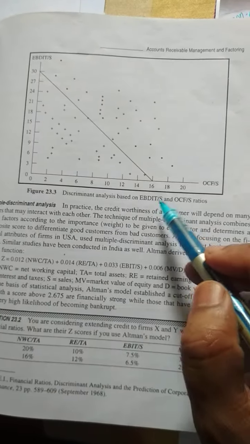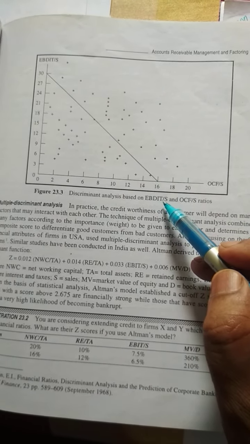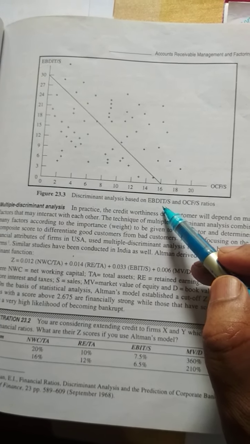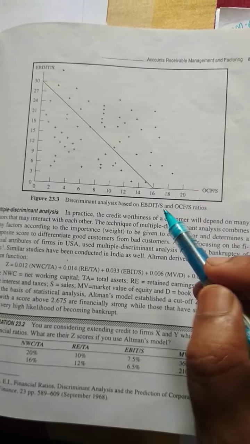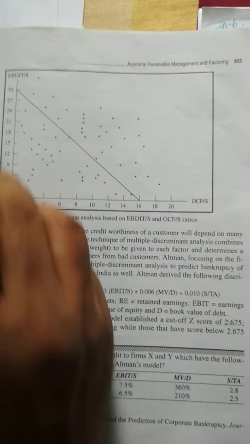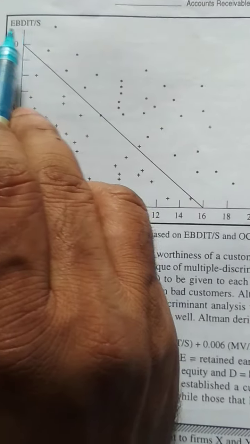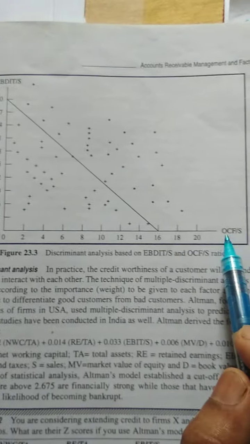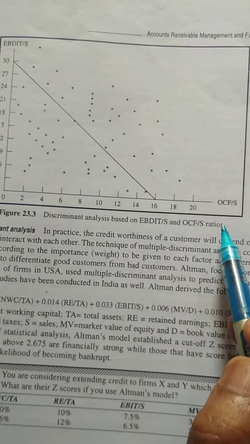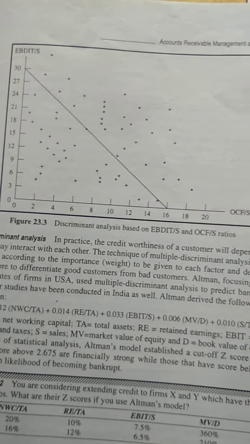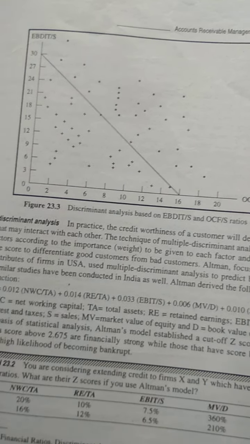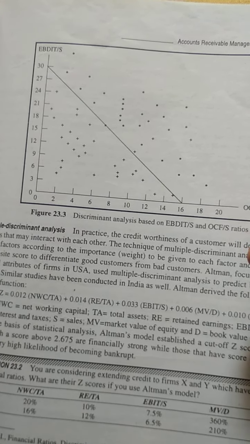Here we take one or two factors and determine. For example, you could see here that two factors are taken into consideration: earnings before interest and tax, and operating cash flow, and we will compare them with sales. Earnings before interest and tax to sales, and operating cash flow to sales. We will take this into consideration from various customers' angle, from whom we have to get money.